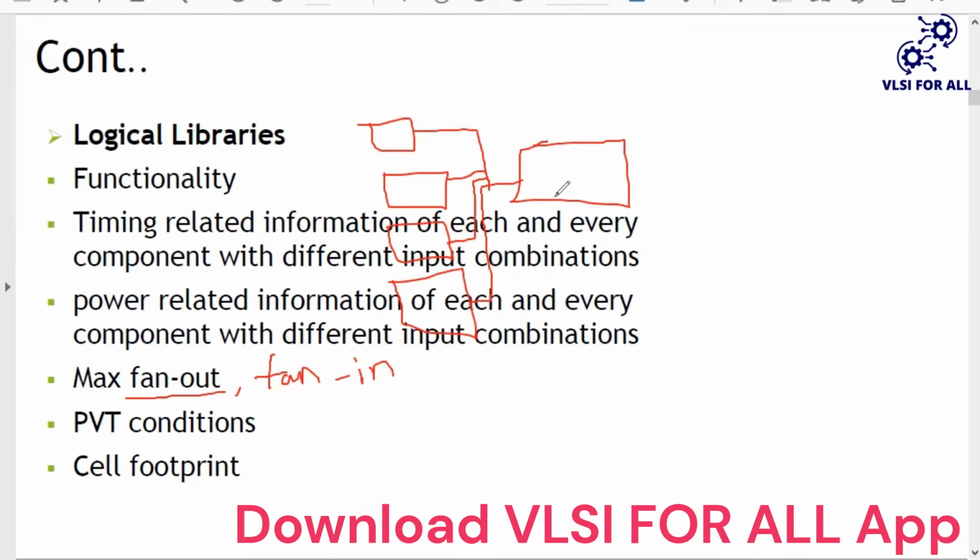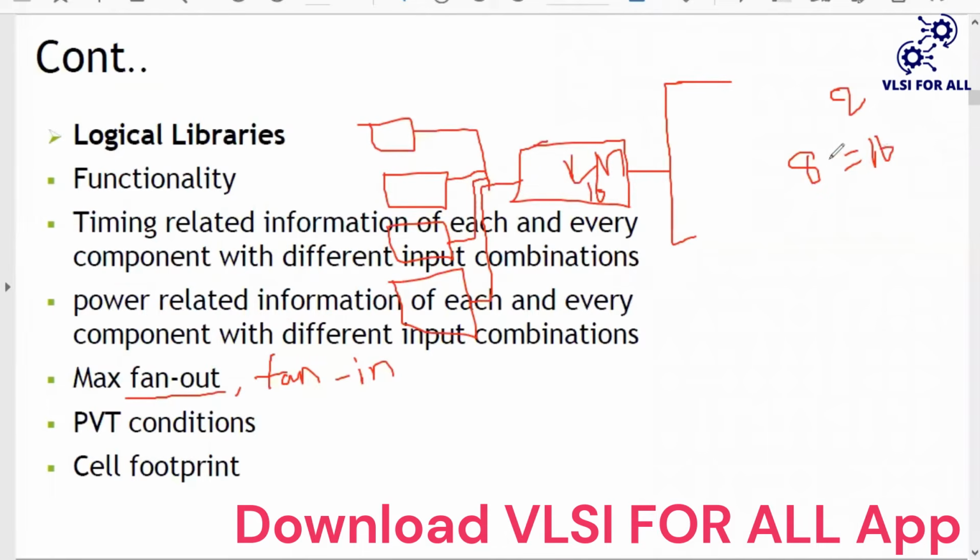Now, fan out means what? This is also one combinational cell. In this combinational cell, how many cells can it drive? For example, this cell's drive strength is 16. Maximum, cells with drive strength 2 can be driven by this, so only 8 cells. 8 into 2 is 16, right?